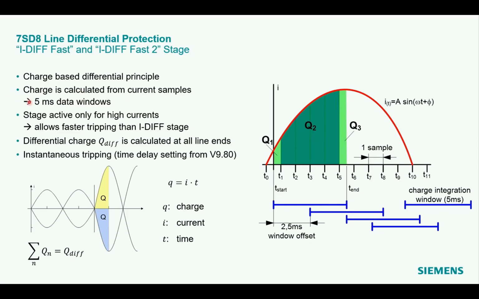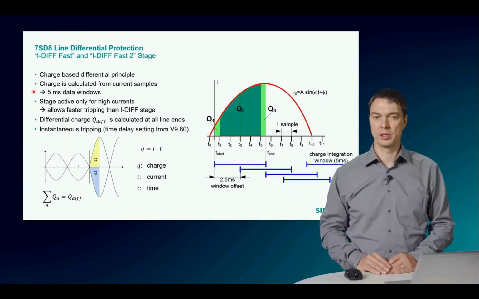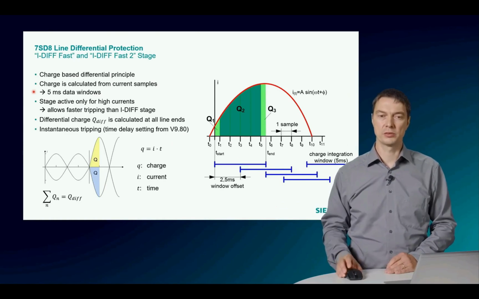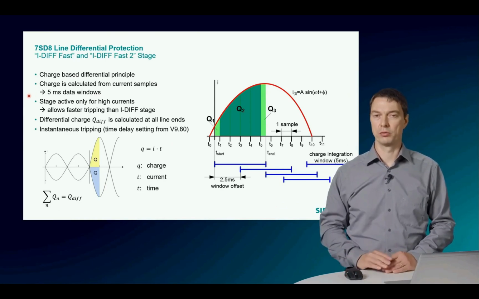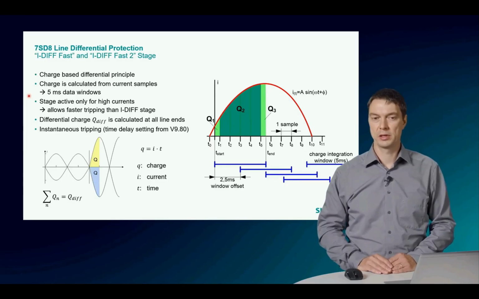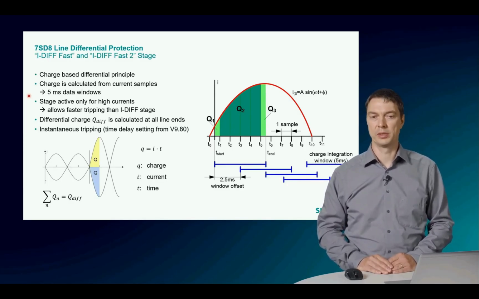So the charge is calculated from the current samples every 5 milliseconds, running with the same differential protection algorithm, but the window is shorter. It's only a 5 millisecond data window. The stage is only active for high fault currents, which allows a faster tripping compared to the EDIF stage.